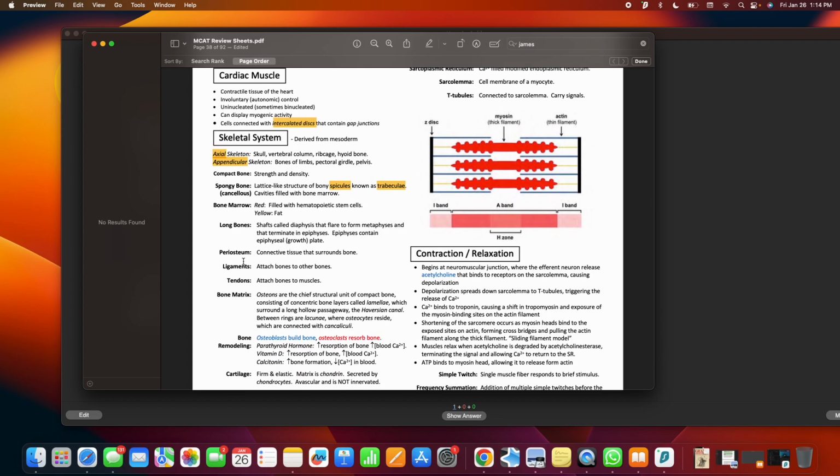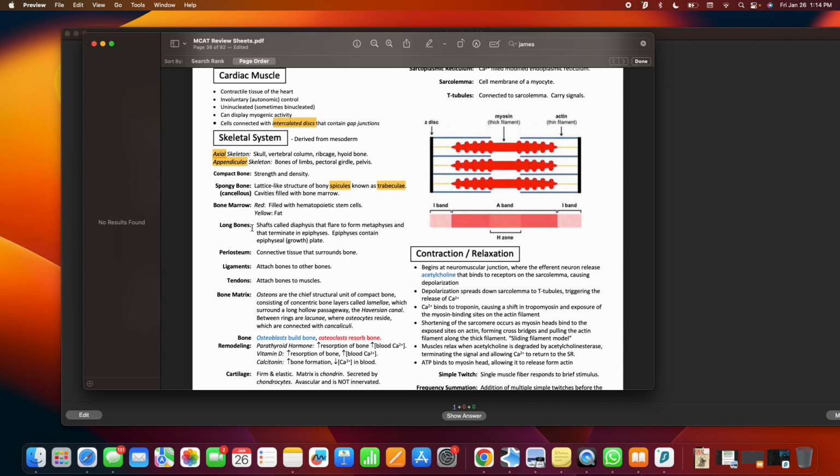Then we have periosteum, which is connective tissue that surrounds bone. We also have long bone, so spongy bone, compact bone. The bone marrow is probably inside. Yeah, spongy bone: cavities filled with bone marrow inside the spongy bone.